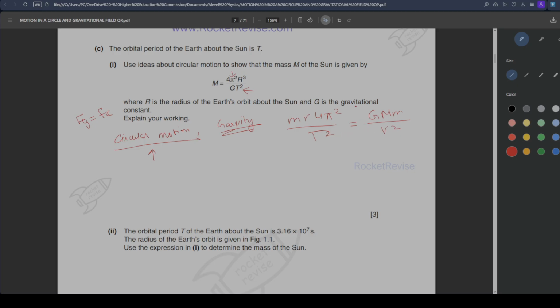You can see the m cancels out. We have to make M the subject of this formula. In this equation we have to make M the subject, so we're just going to move everything to the other side.